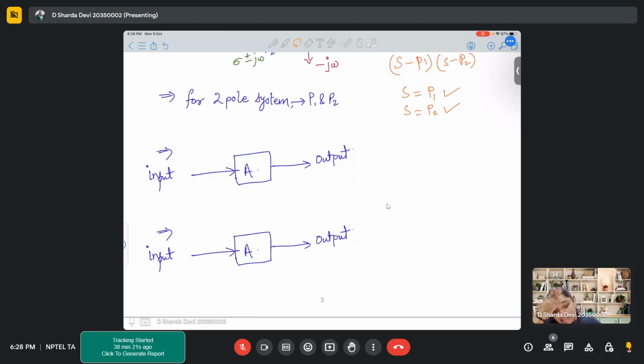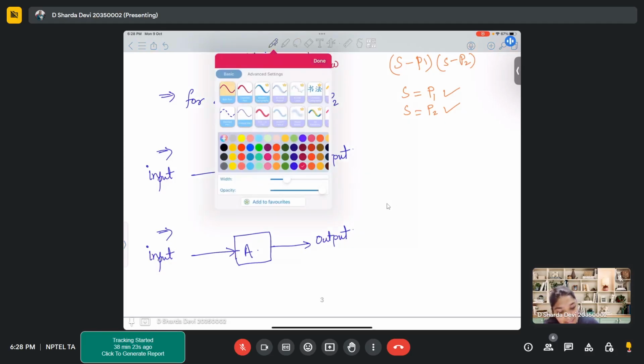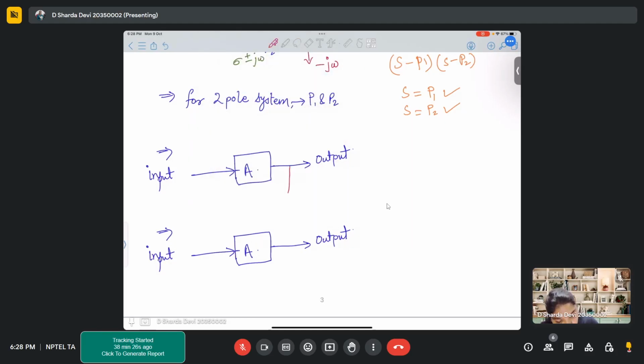First, let's say you are feeding back your output to your input with a negation. And second, you can add your output to your input in this fashion.